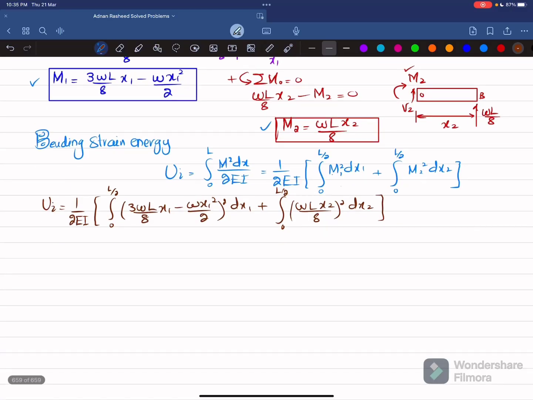Now if you apply the formula (a minus b) whole square, it will be equal to 1 over 2 EI integral of 0 to L by 2.